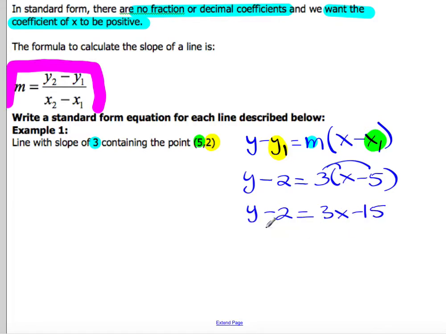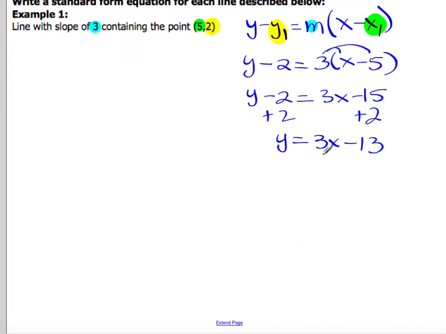I'm going to add the 2 to get the y alone. And I would like it to look like that if I were wanting to graph it. But I'm wanting to do standard form. Remember, standard form has the x term first, and then the y, and then the constant is alone on the right. So I'm going to subtract 3x to move it to the left.